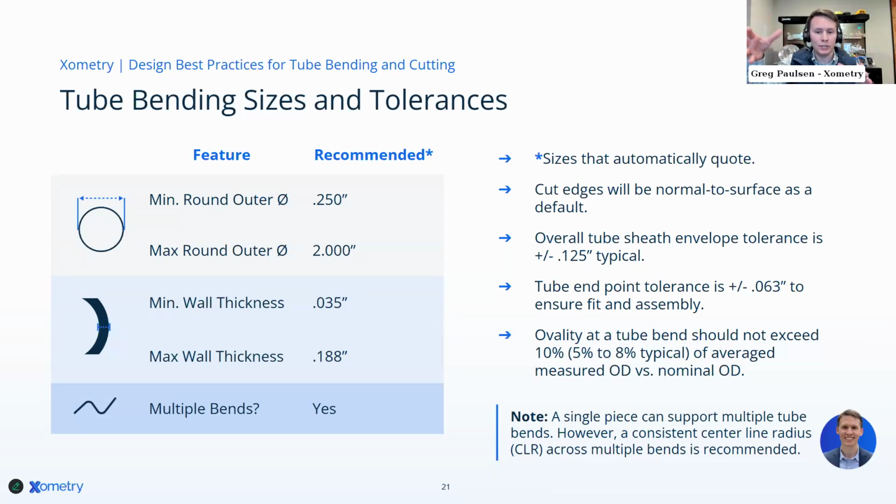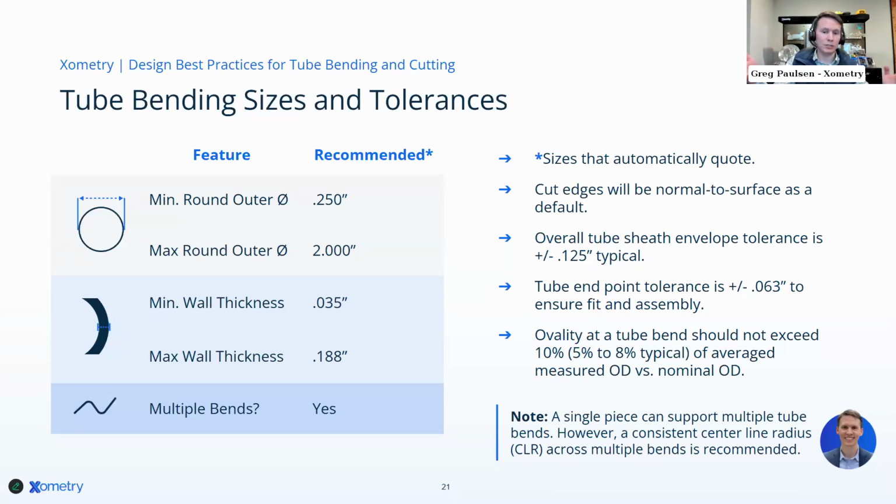The way you think about bent tube from a tolerance standpoint, we usually think of it as a sheath envelope. If you imagine the theoretical tube, CAD perfect, and the actual tube, we're looking at the deviation of those up to about an eighth of an inch for this part. But what's important is we always say we sell the ends.